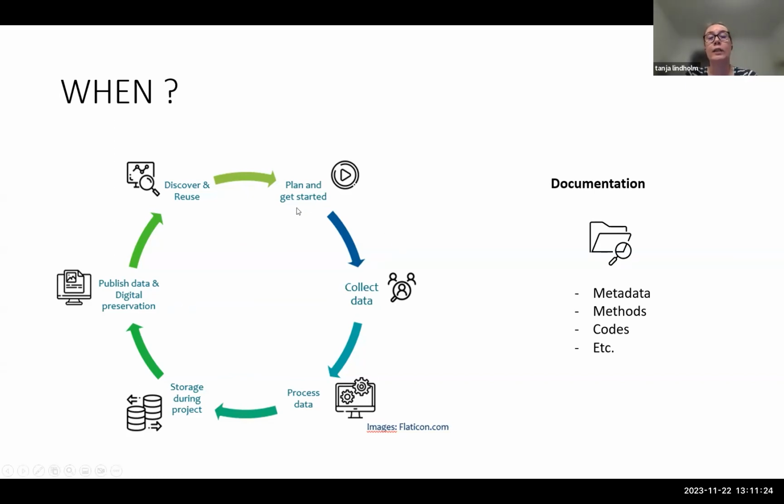One was that they had a project, and their aim at the beginning was to make a data publication. So they did all this in detail while they were collecting the data, and it was quite easy. It was at the beginning of the process, and this is how we're going to do that.